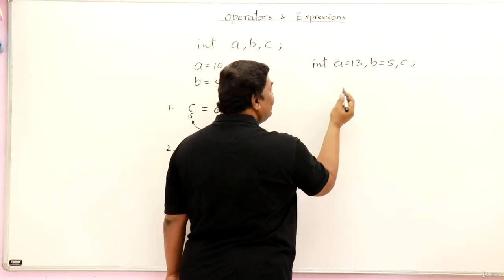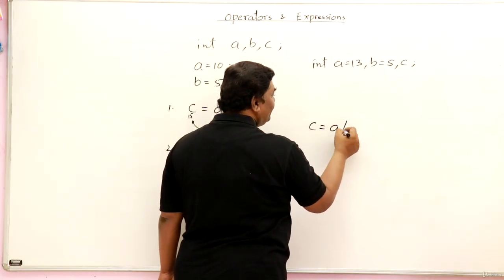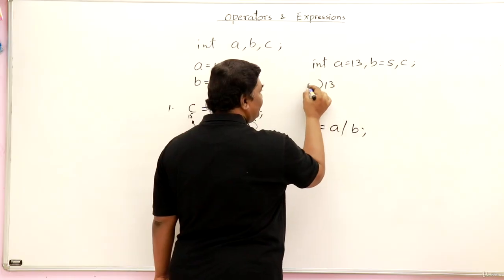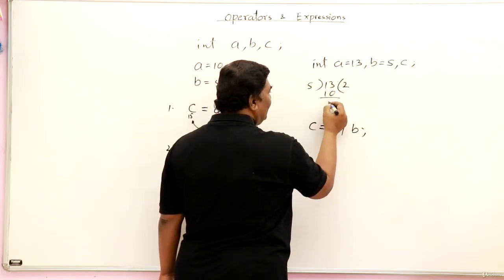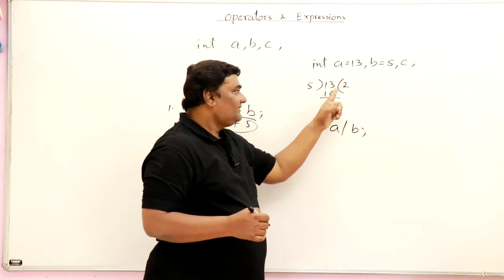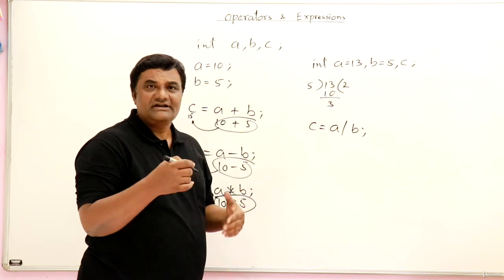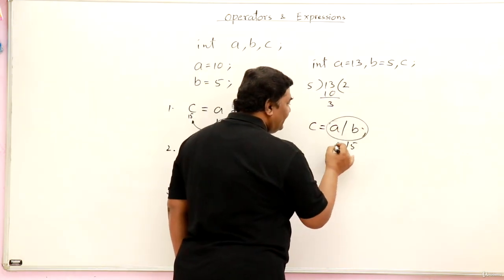These are integers. If I say C assign A divided by B, then what happens? 13 divided by 5 goes 2 times, the result is 10, and this is the remainder. So the quotient is 2 and the remainder is 3. Division gives the quotient. So the result of 13 divided by 5 is 2.